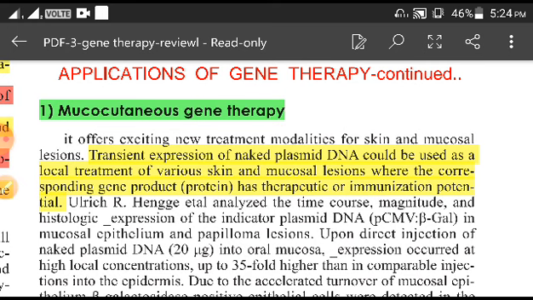So there are skin related diseases and mucus lesions. If you replace a gene and give a new gene, that new gene will produce certain proteins, and these proteins will heal those lesions and solve that problem. By this method they can treat the mucocutaneous diseases.